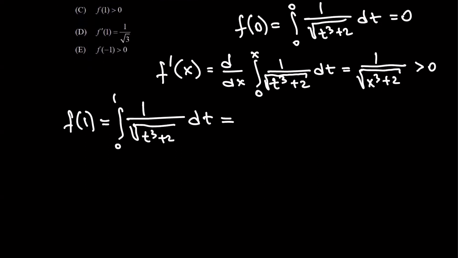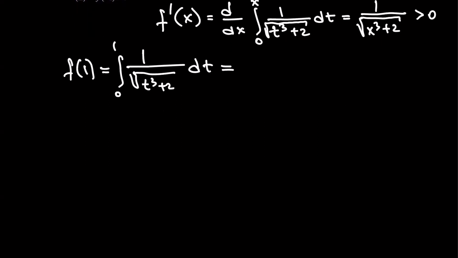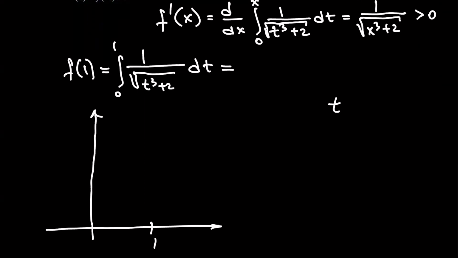And let's look at the function f of x, this integral from 0 to 1. And then we see that t is between 0 and 1. So cubing all those sides, t cubed is between 0 and 1 as well.